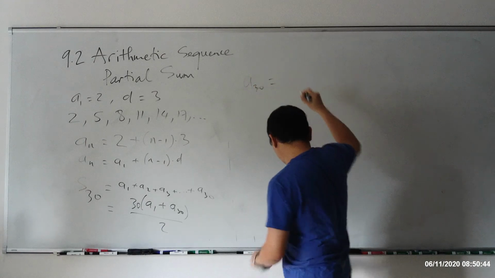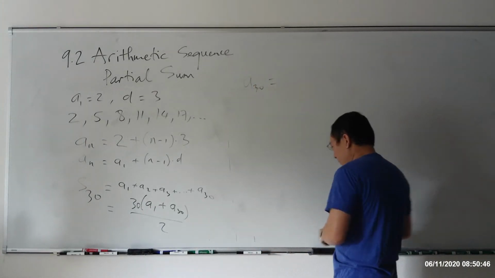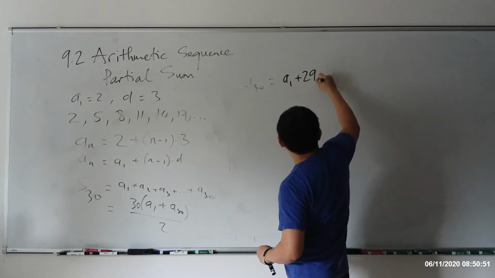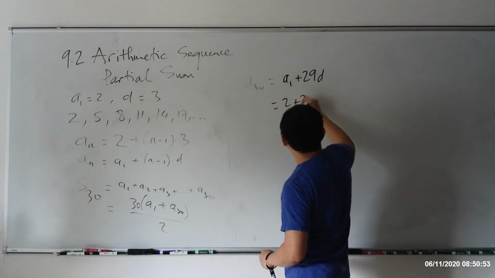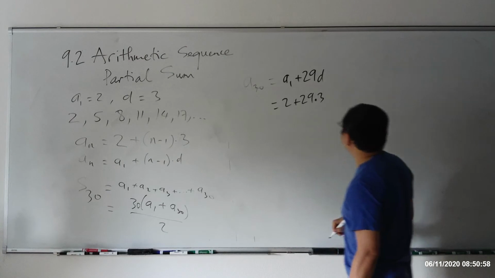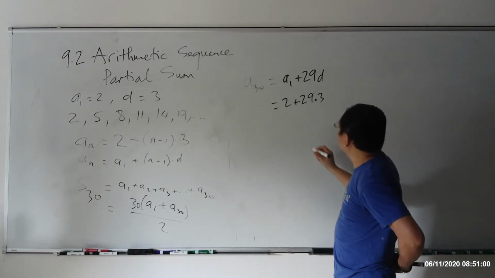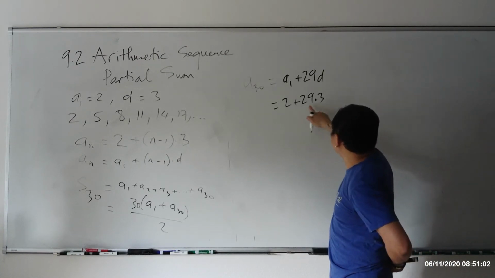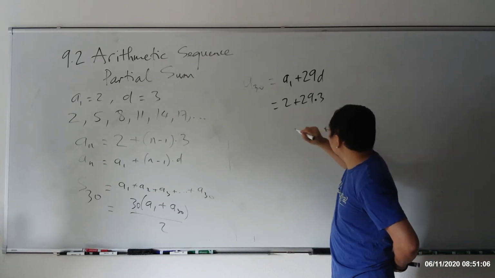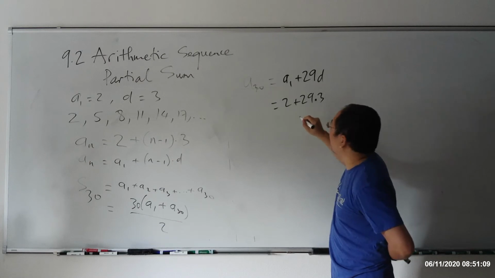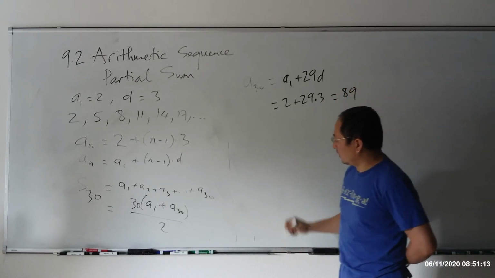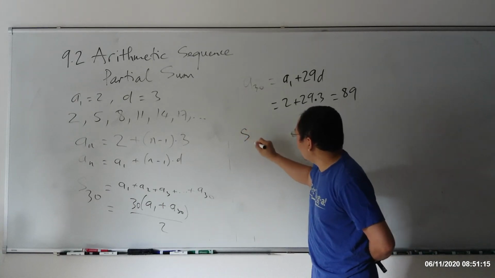A30 is A1 plus 29 times D, which is 2 plus 29 times 3. Now 30 times 3 is 90, and 29 times 3 is 1 less, so it's 89 plus 2. Alright, so we can plug in and calculate the sum.